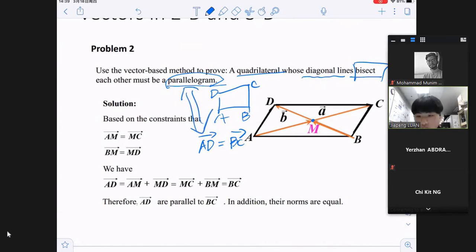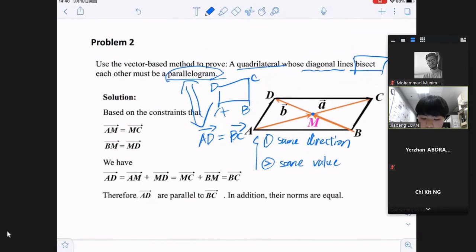So if you want to say something is a parallelogram, you just need to prove AD equals BC, because AD equals BC has two meanings. The first is that they have the same direction. The second is that they have the same value. So that actually gives you a parallelogram.